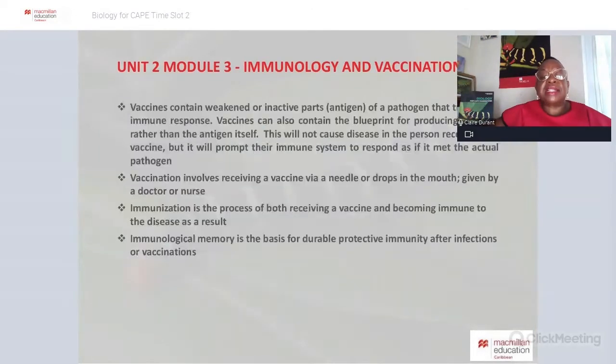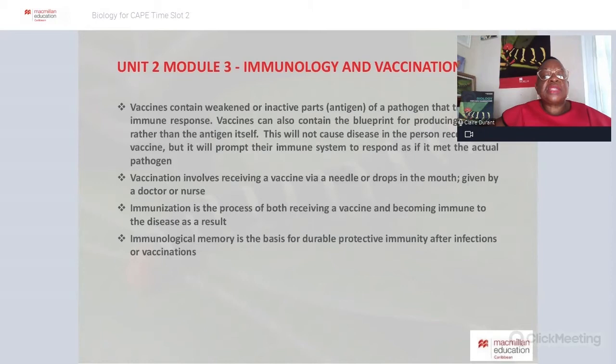So, vaccines contain weakened or inactive parts or antigens of a pathogen that trigger an immune response. Vaccines can also contain the blueprint for producing antigens rather than the antigen itself.